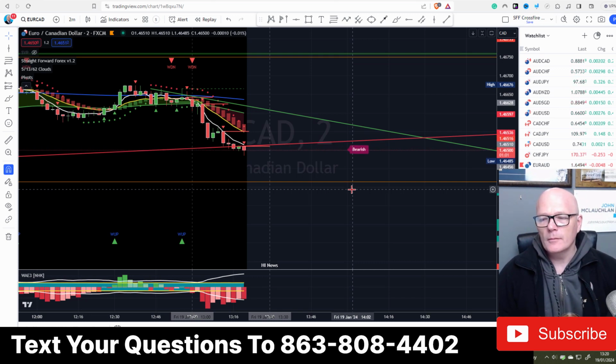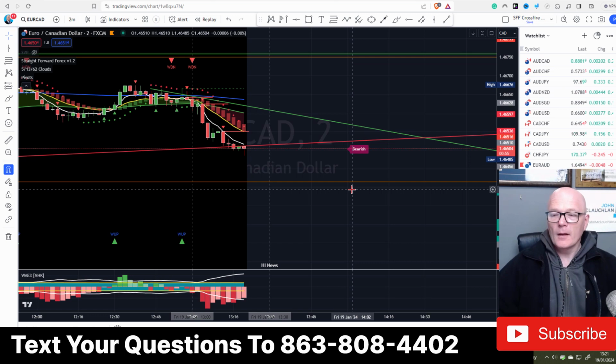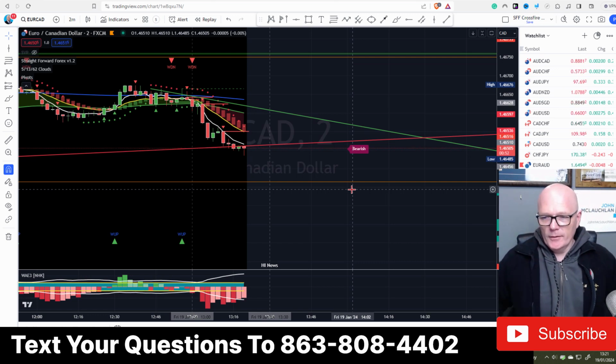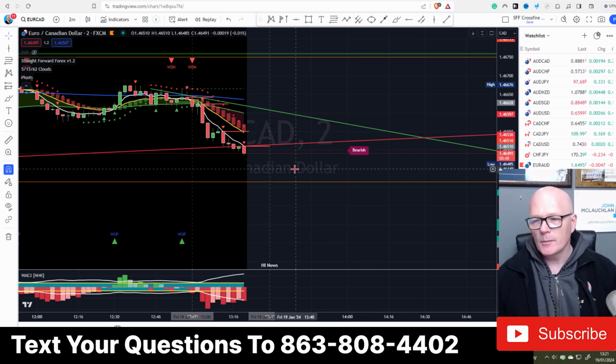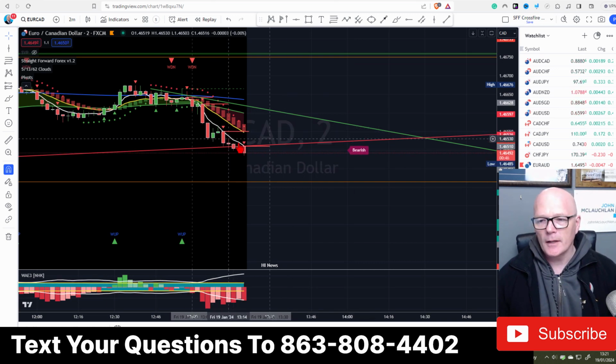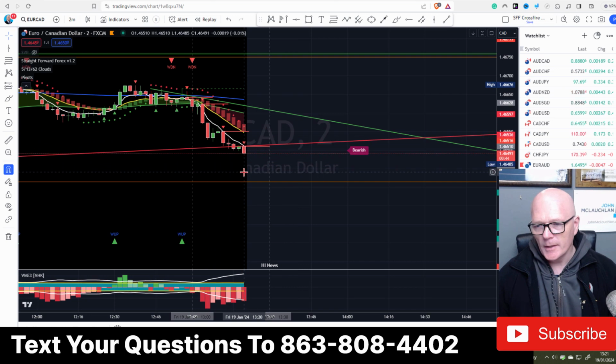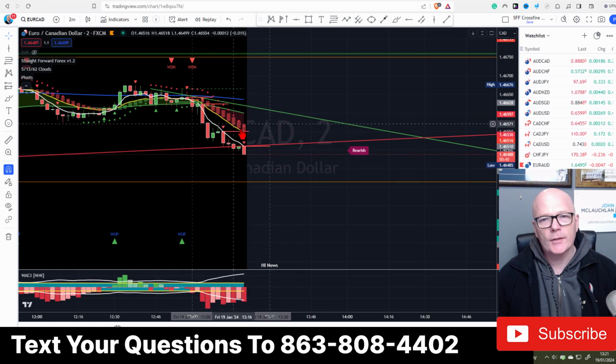Okay, so it could go either way. We don't know what's going to happen, but we know that typically the financial institutions, the banks, the big pension funds, the hedge funds, they like to manipulate the markets for themselves. And if this goes down, then people are going to put stop losses up here, and this is where a lot of cash can be.